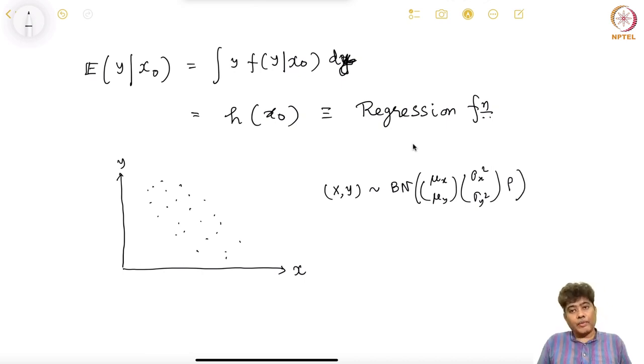So there are 5 parameters in the bivariate normal: mu x, mu y, sigma x square, sigma y square, and rho.